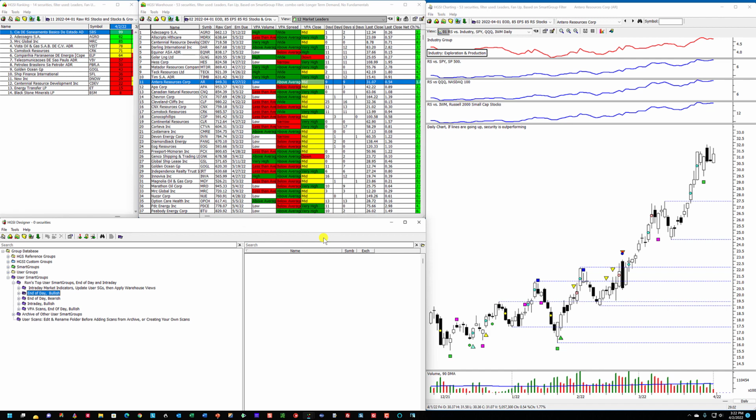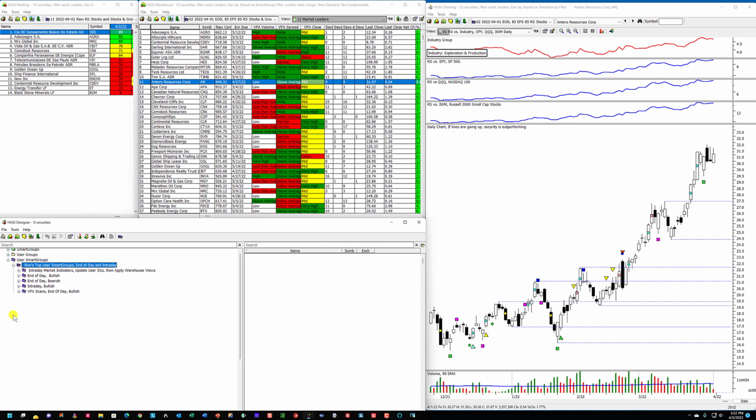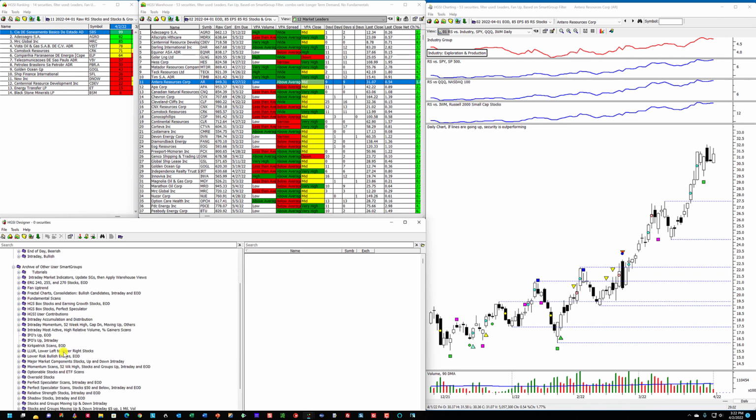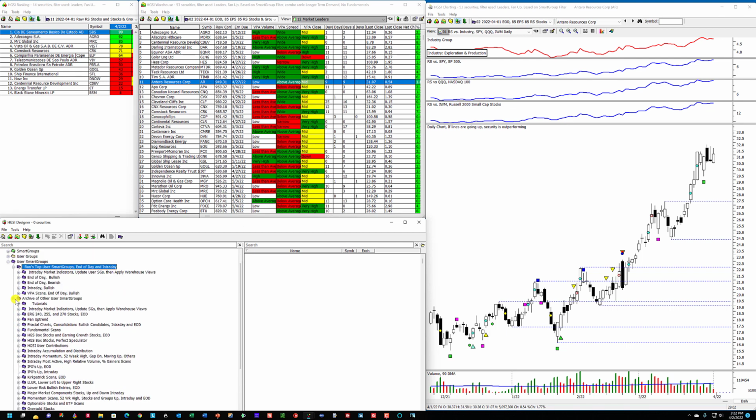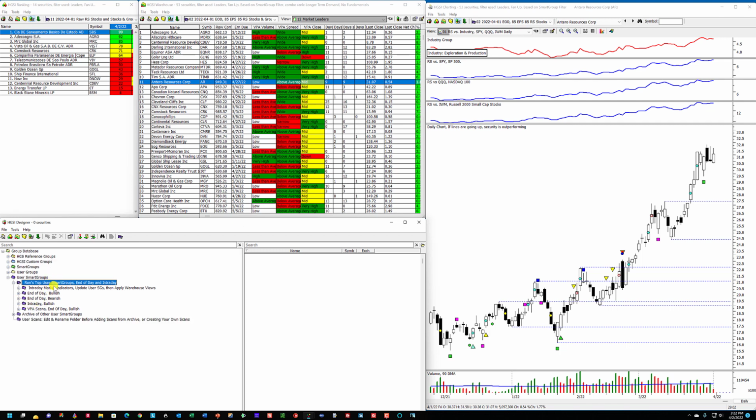Now, I'm going to try to keep this relatively short, but I want to show you what's really happening in the market and where the strength is and where it has been. Now, this layout is my new layout for my user smart groups, and I've really cut down on what's visible. All of the other smart groups are in here under the archive, but I'm not using most of them.